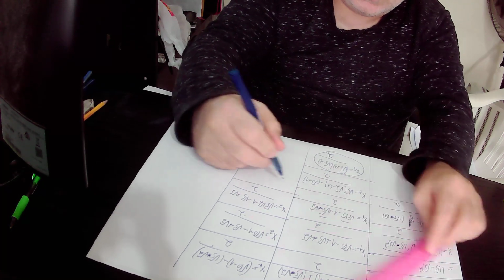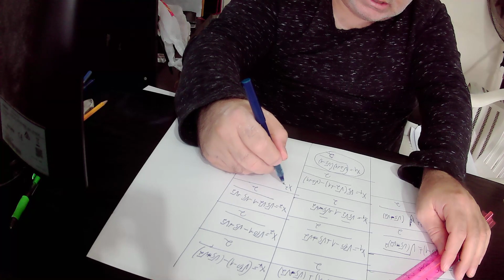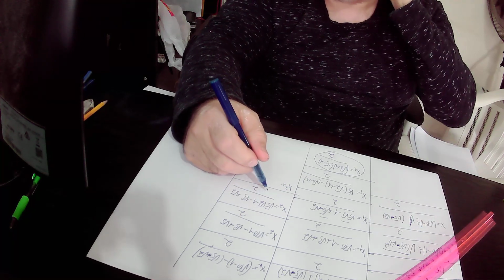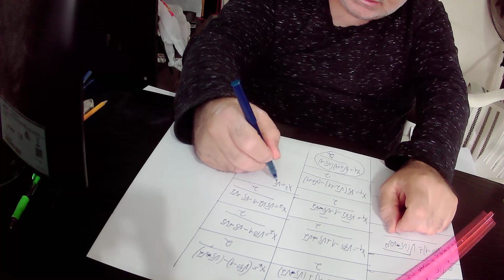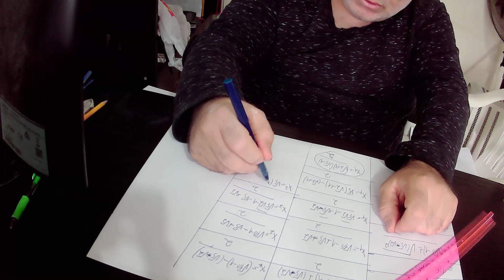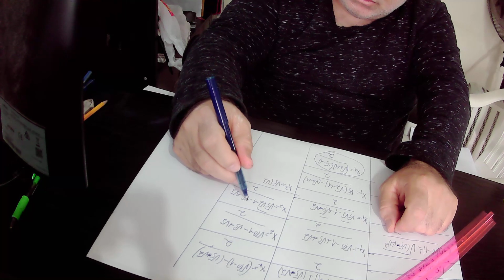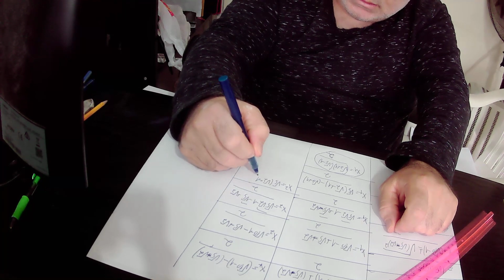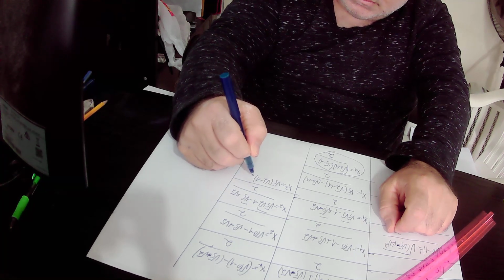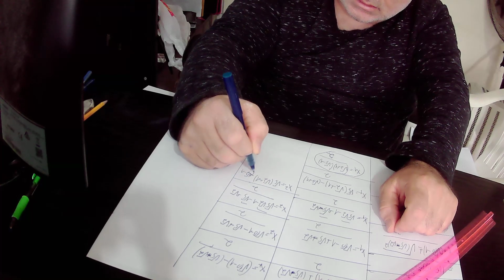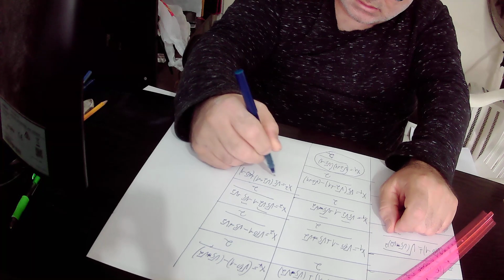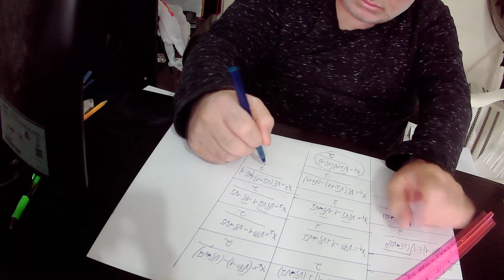So x2 equals, we take out square root of 5 as a common factor out of this expression, and inside the brackets we will have here square root of 2 minus 1 plus square root of 2 minus 1, divided by 2.